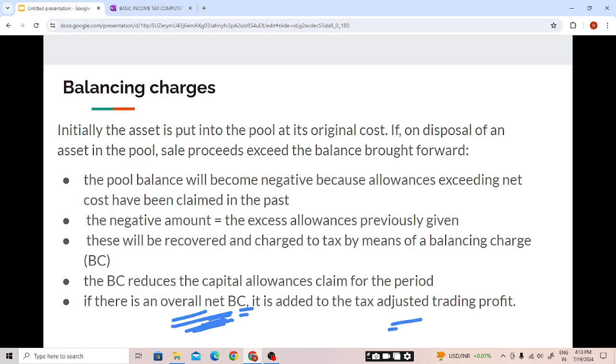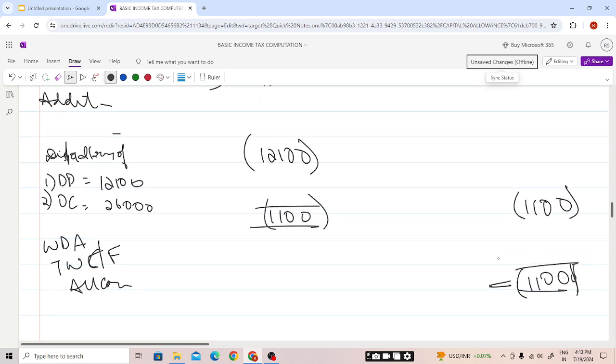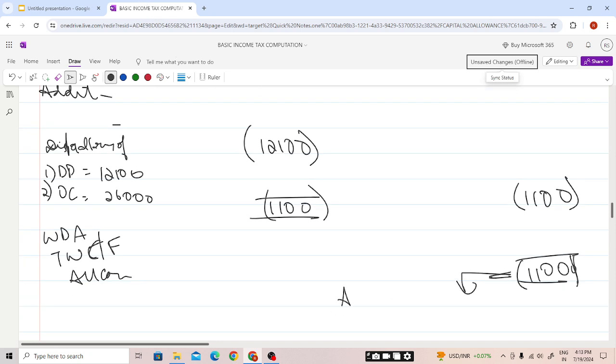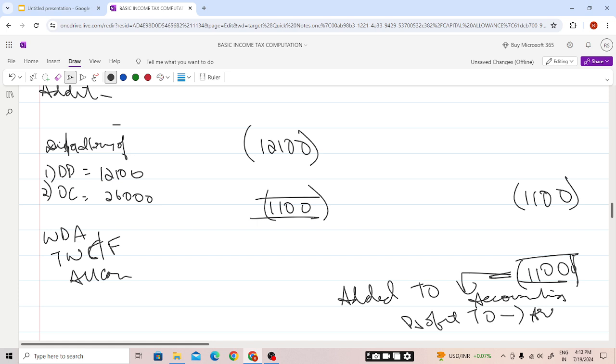So this amount will be added, students, to trading profits, the accounting profits. Let's write accounting profits, because we have seen in a previous chapter, add to accounting profits to arrive at tax adjusted trading profit. I hope this is clear, students.